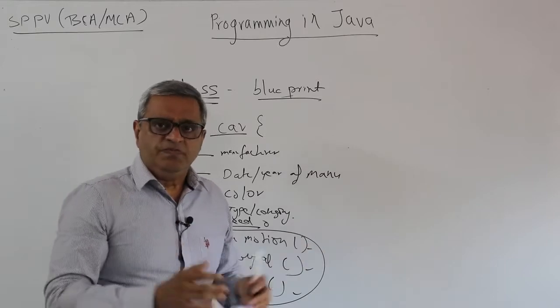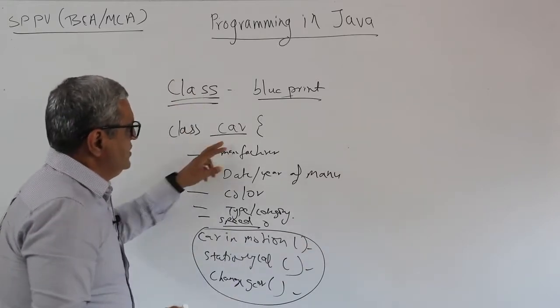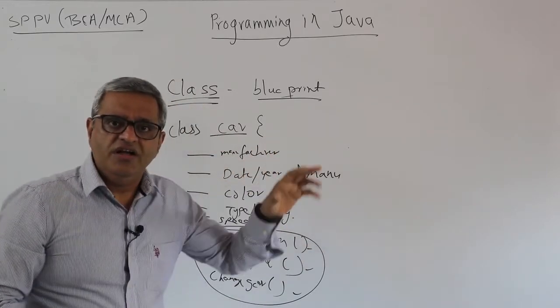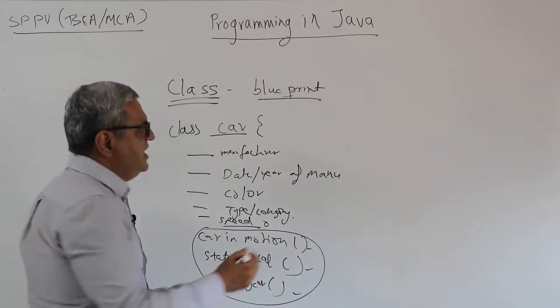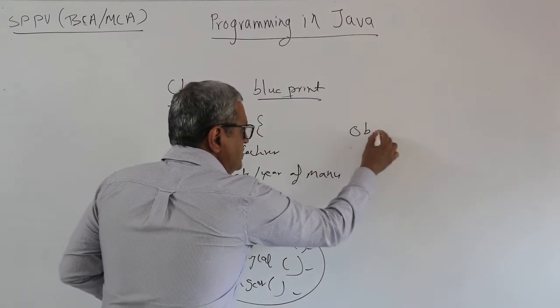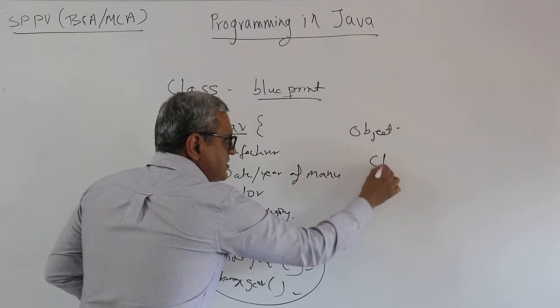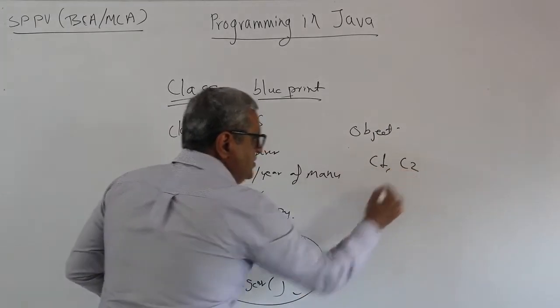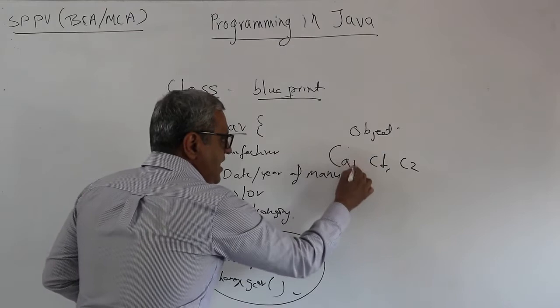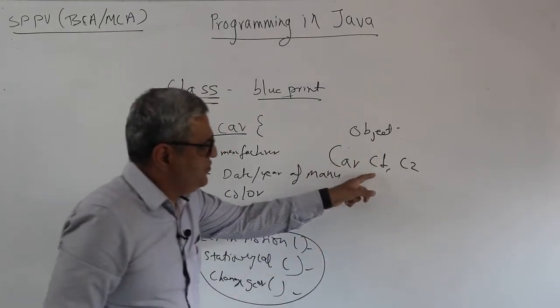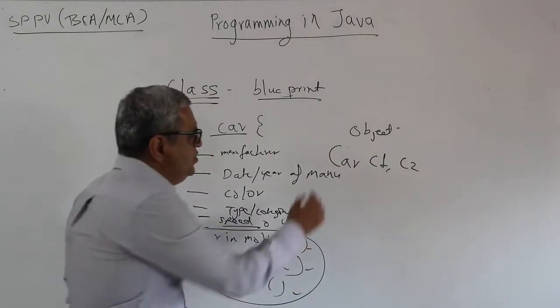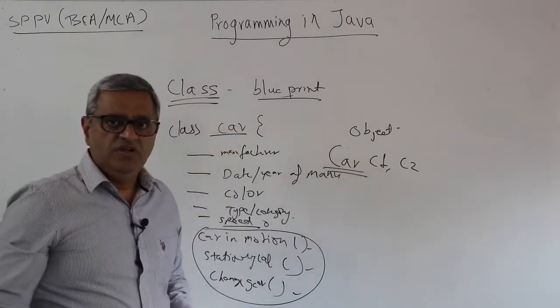Now remember one thing, that when I have a car as a class, I can create objects like C1, C2, and I can have C1 and C2 as type car.